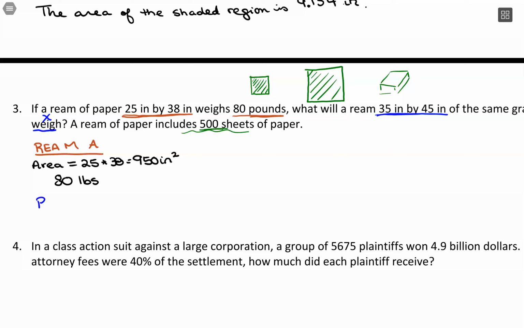Then ream B, for area, we'll have 35 by 45, which is 1,575 square inches. And then for weight, that's our unknown that we need to solve for.